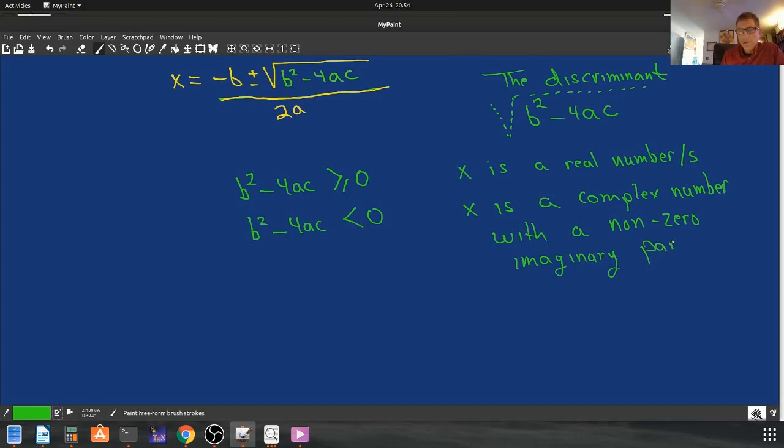In other words, what this is telling you is bi will appear in the solution.